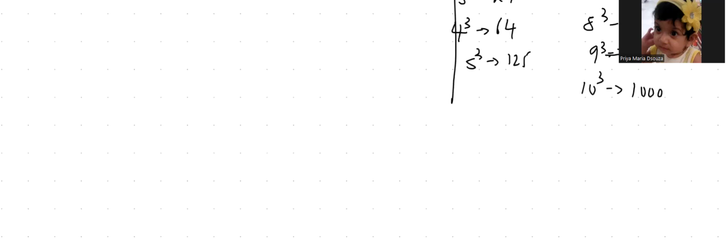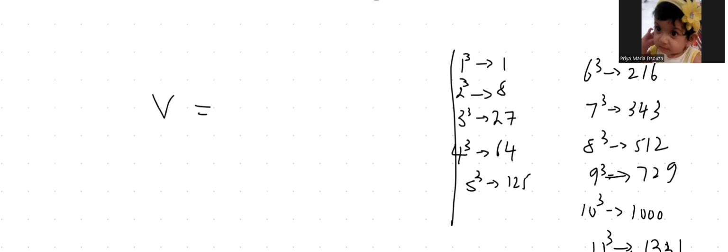Better to memorize. When you're using it often, you will be able to remember. 11 cube is 1331, and 12 cube is 1728. One short of Ramanujan's number. So you should know all this. Better write it down, memorize it before your exam. You should be knowing by now, just in case.